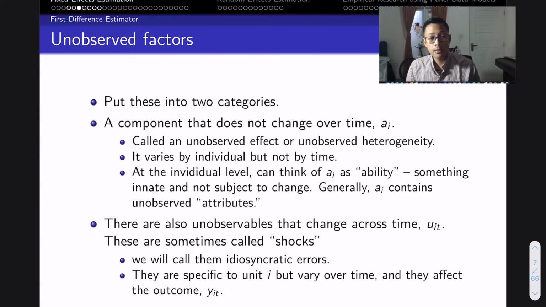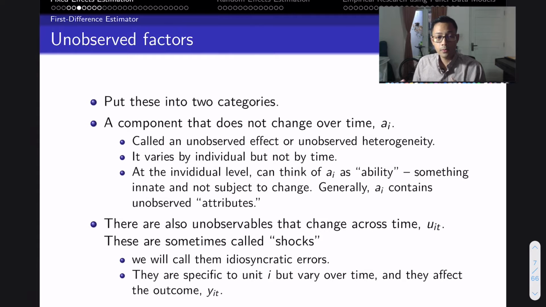Now, the second component is the unobservables that change across time within that individual. These are sometimes called shocks. Others call these idiosyncratic errors. This shock is very specific to unit i, but varies over time. And the shocks actually affect the outcome of interest as well.